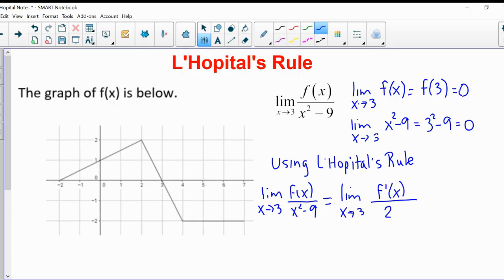Derivative of denominator would be 2x. When we evaluate, f prime of 3 represents the slope of the tangent line at x equals 3. That would be negative 2. And then we sub into the denominator. And so our limit here is negative 1/3.